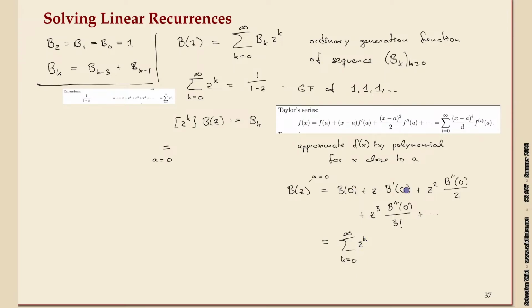And then it has a coefficient in front. Let me write the coefficient first. And the coefficient is exactly this kth derivative divided by k factorial. So if we want to pick the coefficient at z to the k, we just have to pick this part, right?